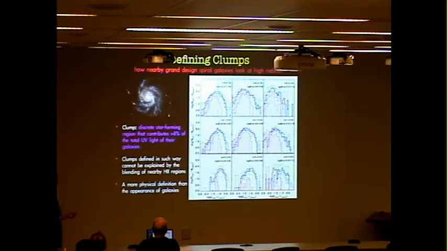You can see that at the faint end, the redshifted nearby galaxies do quite a good job of explaining the shape of the fractional luminosity function.